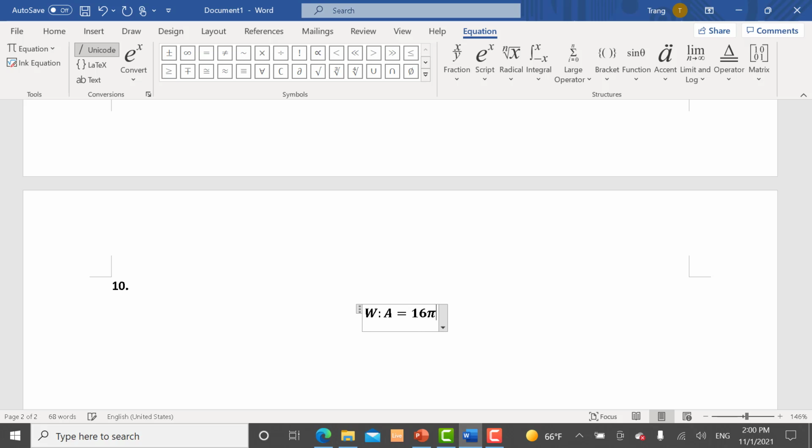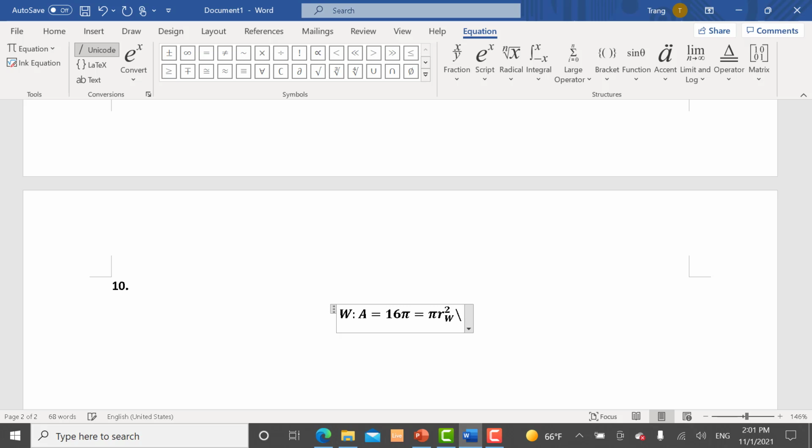And if I say RW is the radius of the circle W, then it should be equal to pi times RW square.